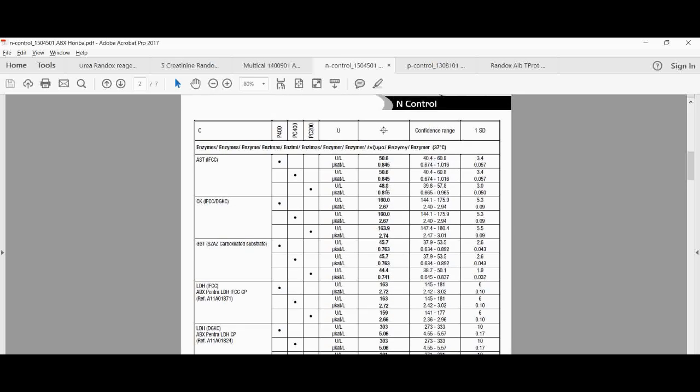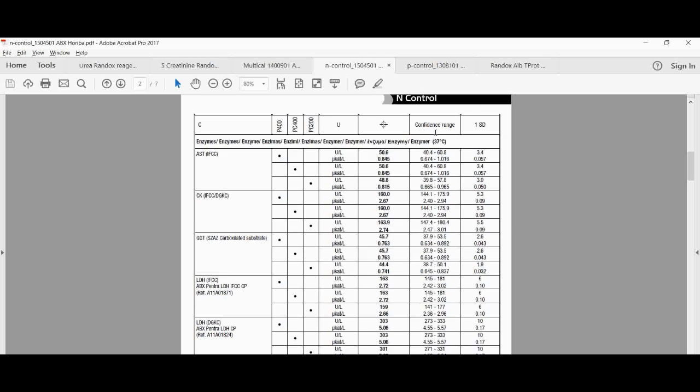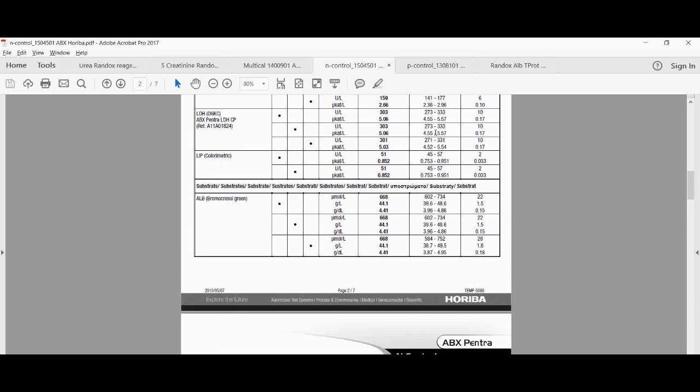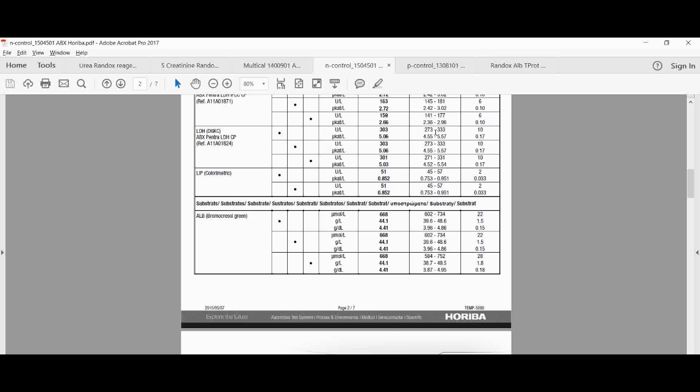Let's go to the top. So that's the target value, the mean, and that's the confidence range, and that is 1 standard deviation.